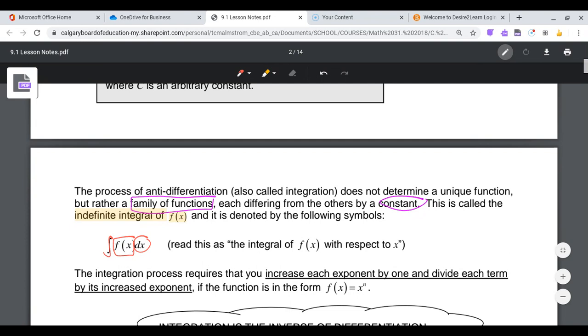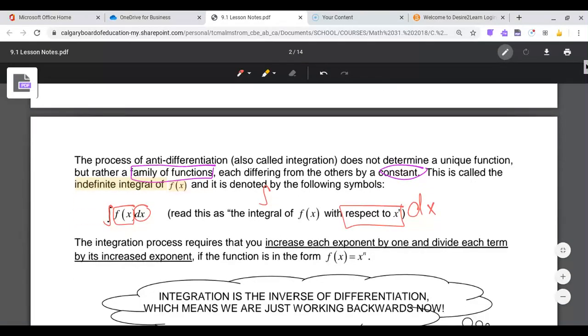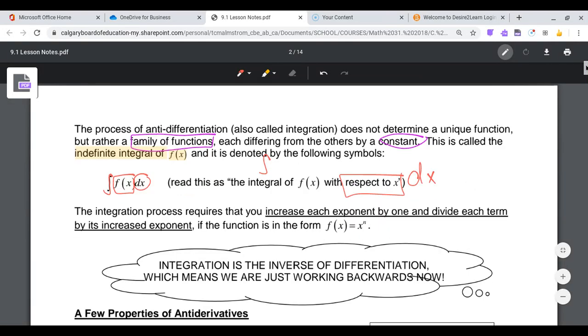So the symbol is the integral of f of x with respect to x, that's the dx part, okay? It's just a command saying this is what you need to do in math notation, okay? The integration process requires you, so we were looking at a polynomial of f of x equal to x squared.